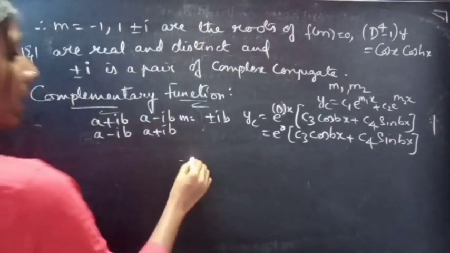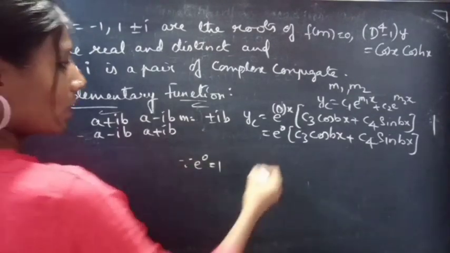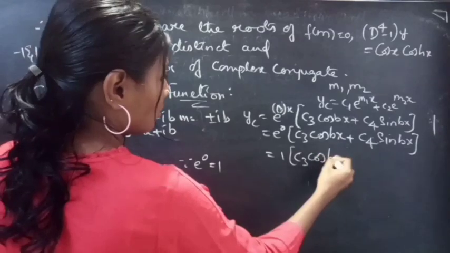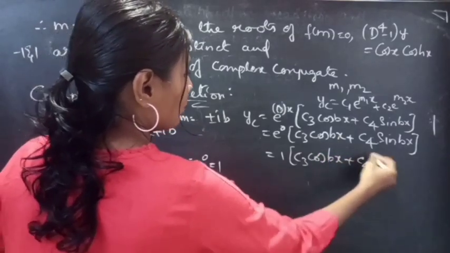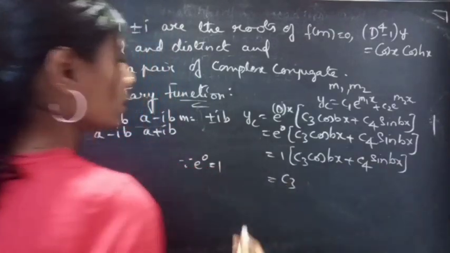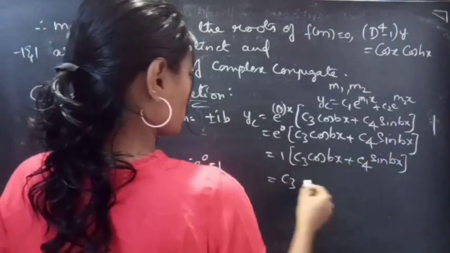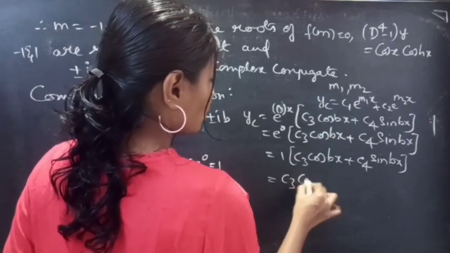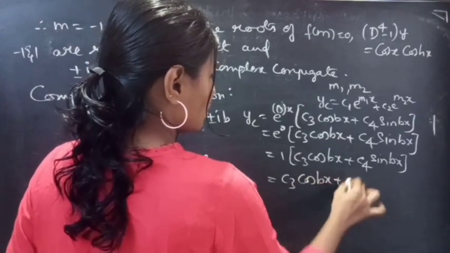And we know e power 0 is 1, so we can write it as c3 cos bx plus c4 sin bx.